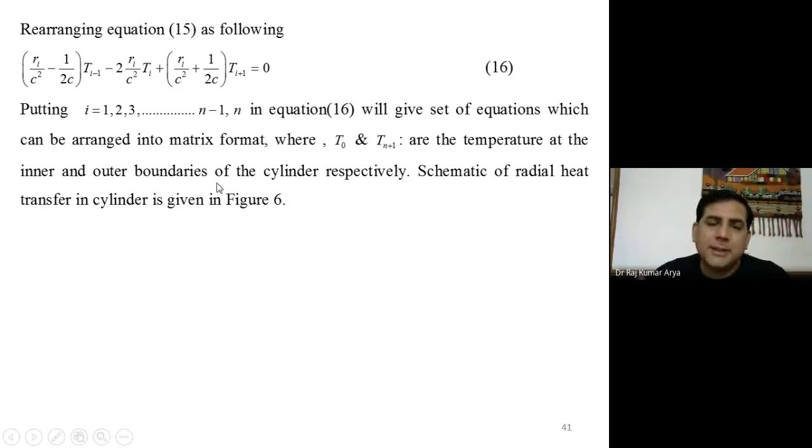Now for this, you will do the same type of treatment as you did previously in the case of the metal bar. So this is now for the cylindrical coordinate in the radial direction only. Here you just keep on changing your i from 1 to n minus 1 and n, and then you will get your n number of equations. Fine.